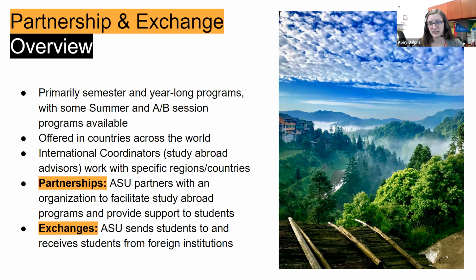That's perfect. We have multiple program types, so we're going to focus on partnership and exchange programs. Are you interested in a semester or summer program primarily? Either, both. All of them. As many as you can string together. I love that. Okay, thank you for sharing.